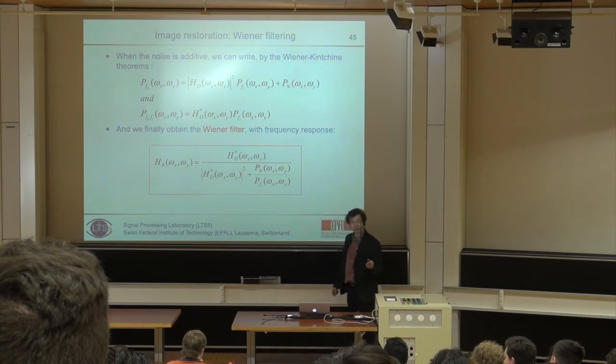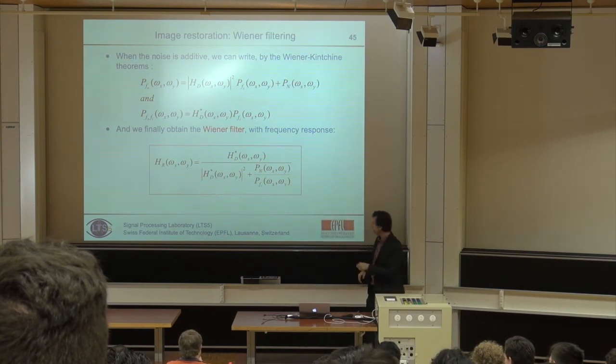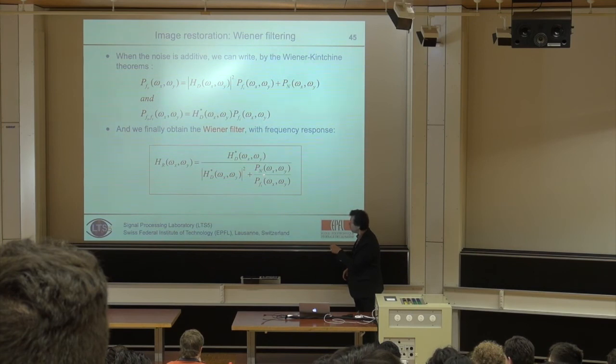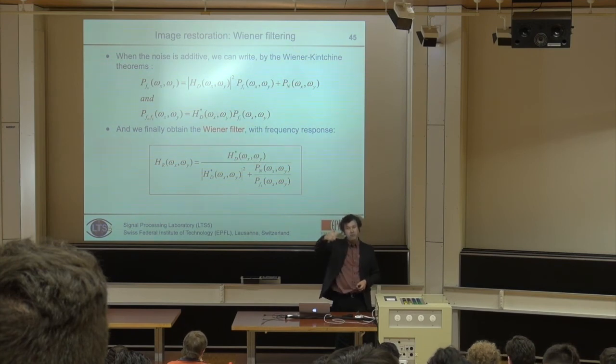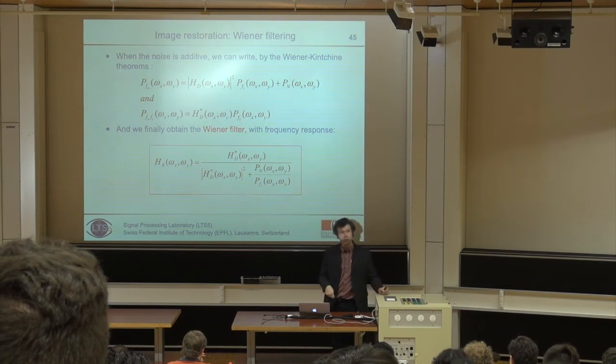So that's the Wiener filter. For each frequency, it estimates whether the power of the noise is significant with respect to the power of the image, whether it is a good idea or not to do an inverse filter, or conversely to really filter out, put a 0 value, a small value.